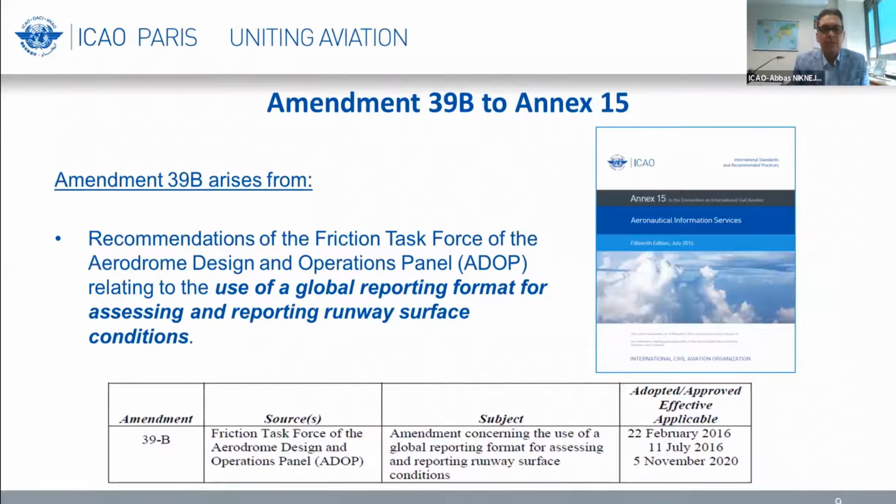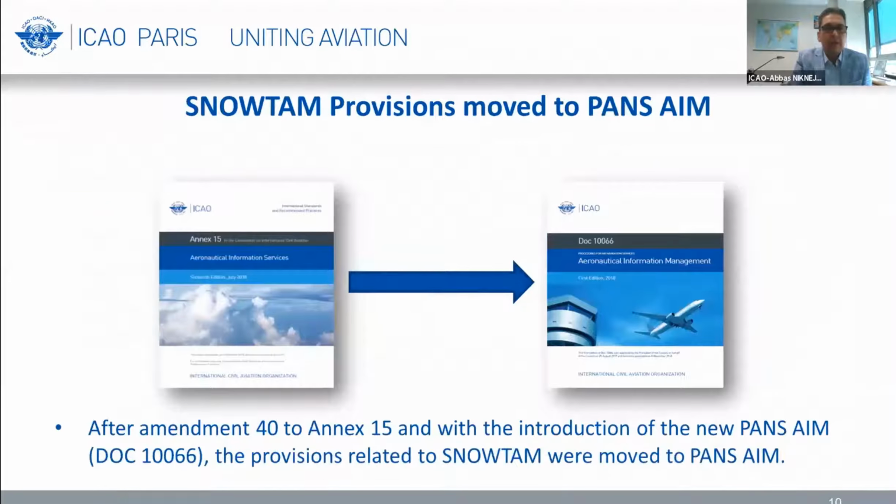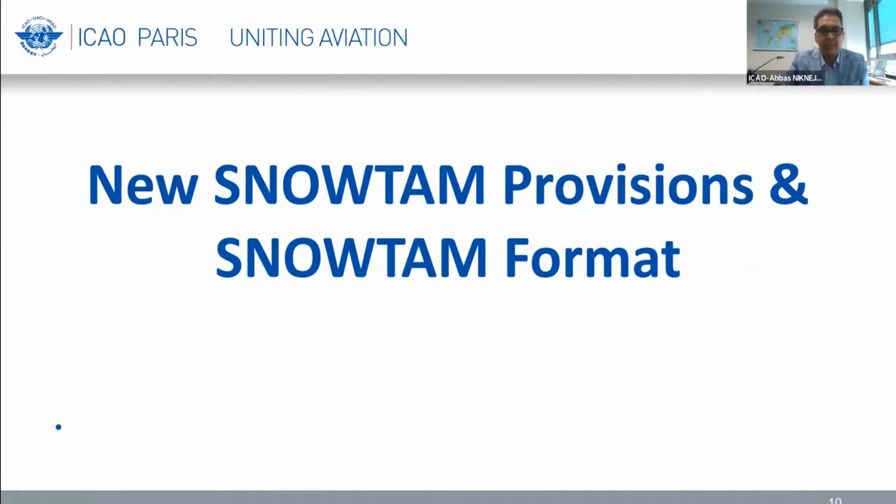And the Snowtam provisions were part of the package introduced by ICAO called GRF. In 2018, when Amendment 40 to Annex 15 and the new PANS-AIM were introduced, the provisions related to a Snowtam were moved to Doc 10066 PANS-AIM, so you can find it now in Doc 10066.